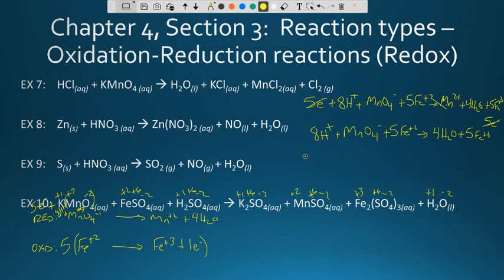Okay? So to do that, I ended up with potassium permanganate. I can't have the ion by itself, so what I lost was my sulfate in there. And so I ended up with 5 iron sulfates. I ended up with 4 waters. And let's put my sulfate back into here.